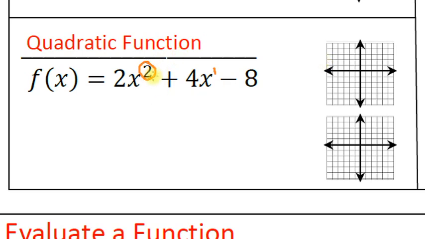Because it has an exponent of 2, the degree of this function is equal to 2. Any function with a degree of 2, meaning the highest exponent on any variable in that equation is 2, means the degree is 2.